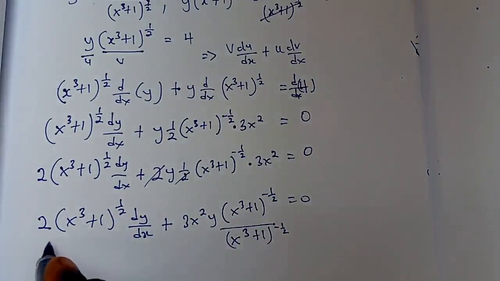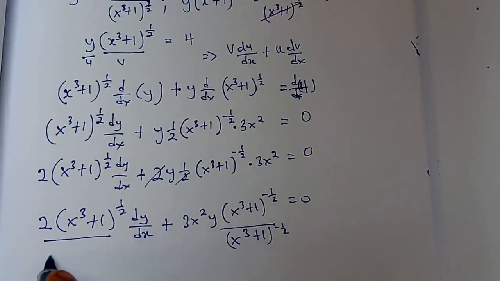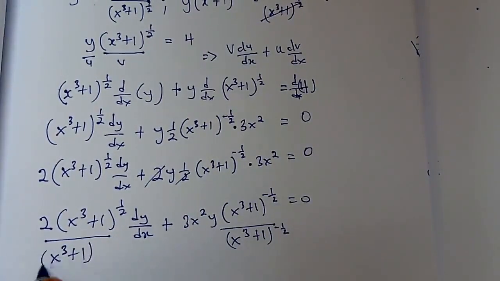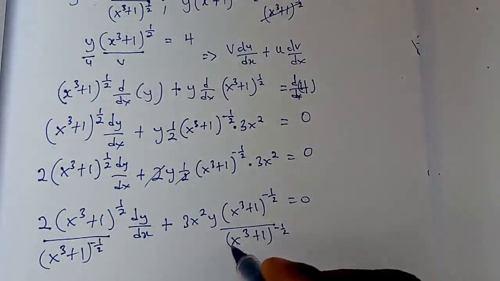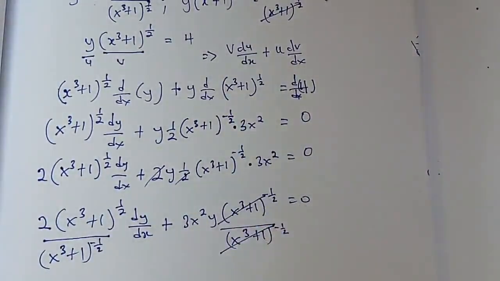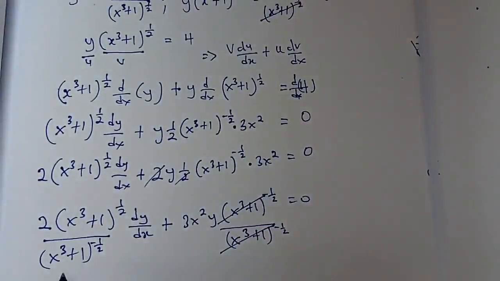I can just divide this one by x to the power 3 plus 1 raised to power negative half here. So you can see that this one can cancel this one here.